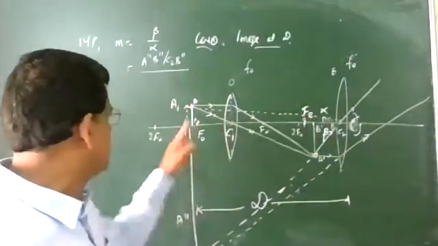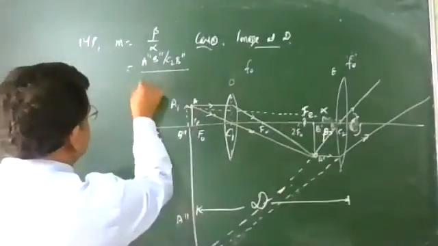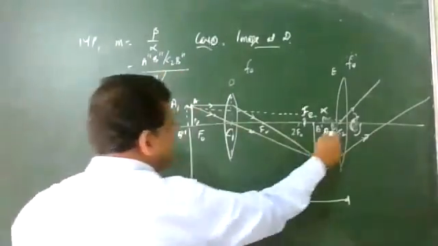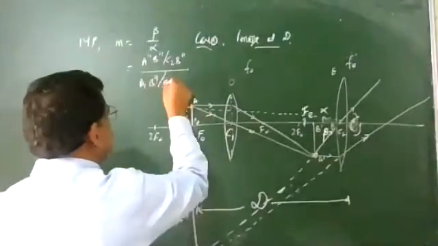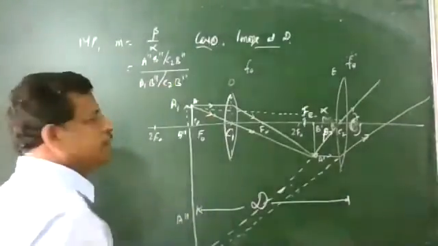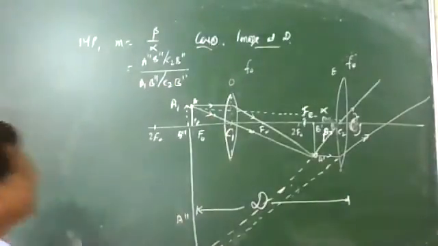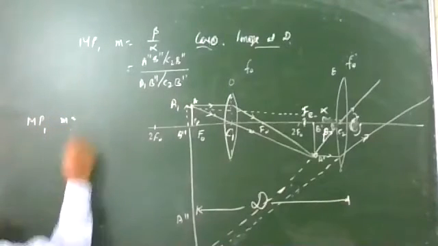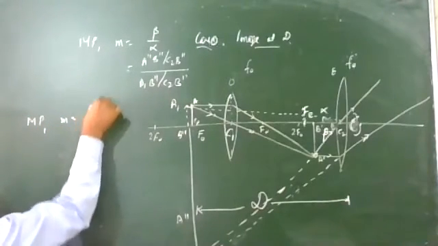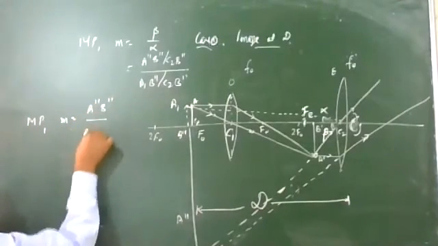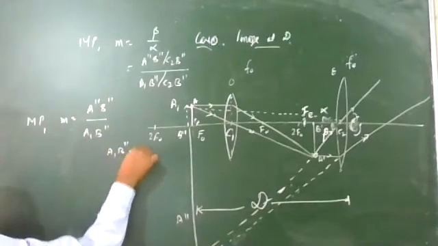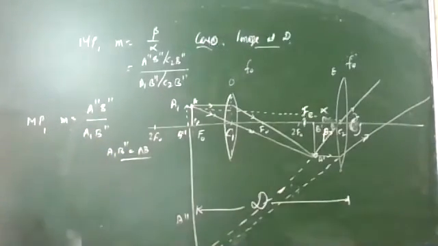It is A1 B double dash divided by again the horizontal side, C2 B double dash. Cancel the horizontal side, and we are getting the magnifying power. That is M equal to A double dash B double dash divided by A1 B double dash. A1 B double dash is the same as the height of the object. There is no change.